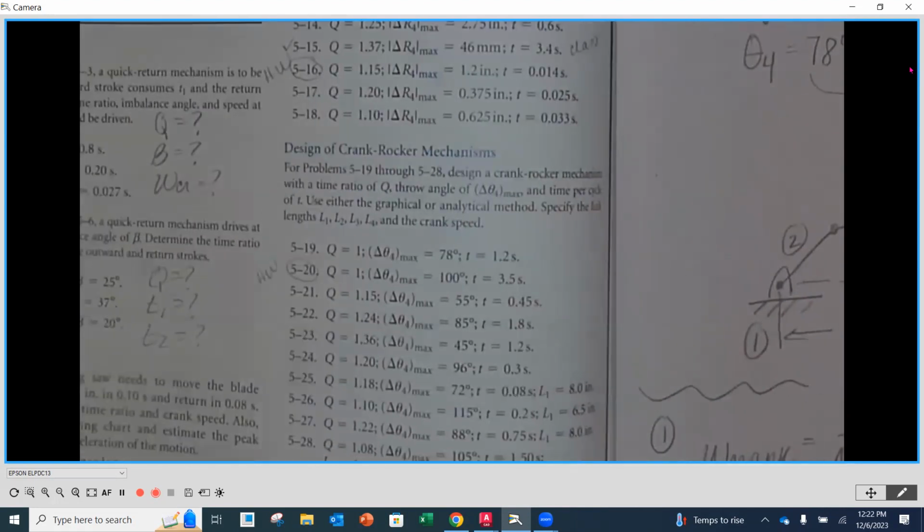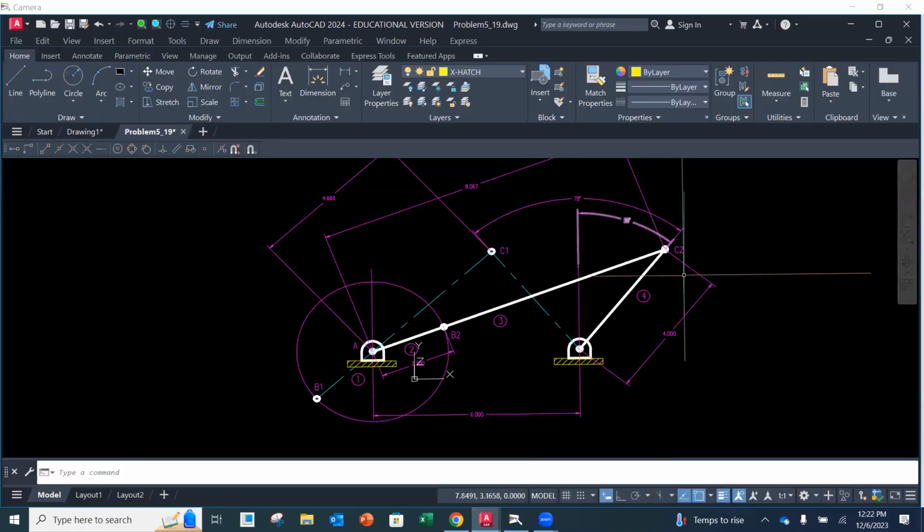So what I did in AutoCAD, just so that you can see the construction here, on my link number 4, at the center of rotation for that link, I went straight up vertically and then half the distance of 78 degrees in one direction and half the distance in the other direction, so that I would have my full throw, even on both sides.